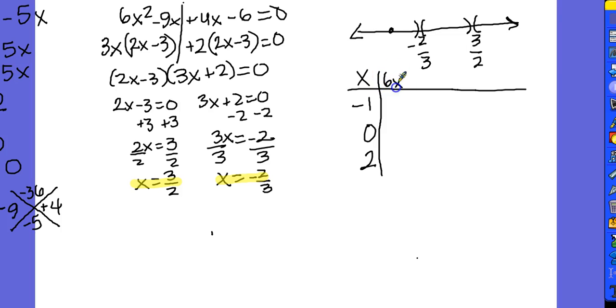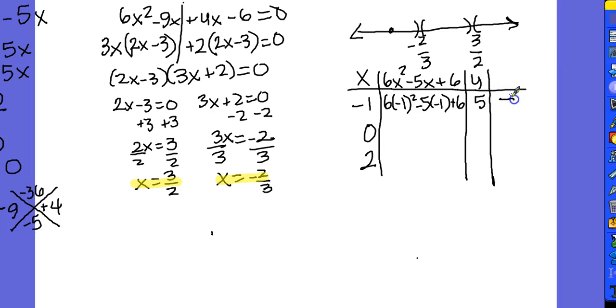So we have 6x squared minus 5x plus 6 is our original, correct? Our inequality. All right, so let's plug in a negative 1. So 6 times negative 1 squared minus 5 times negative 1 plus 6. I believe the answer to that is 5, which is positive, right?